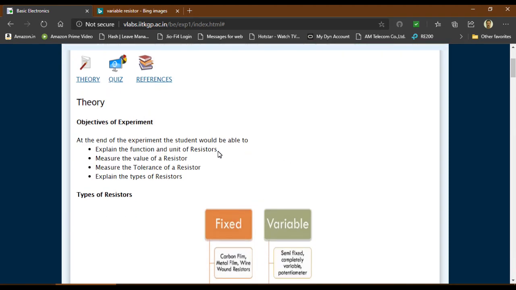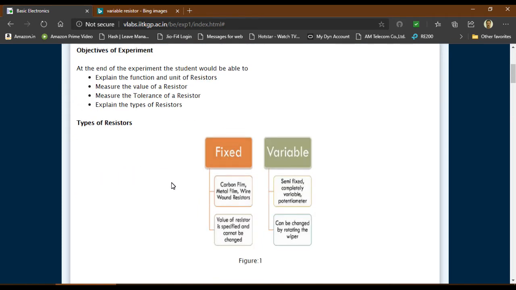Mainly the objective is to know the function of the resistor, the unit of the resistance, how to measure the value with the color codes, the significance of the tolerance of the resistor, and different types of resistors.